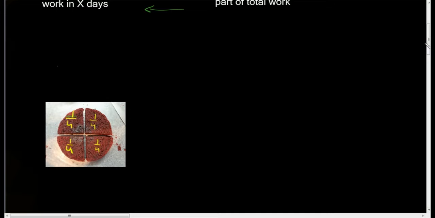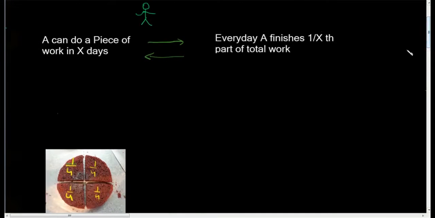here the value of X is 4, and he decided that he can do this task, the eating of the cupcake, in 4 days. So this implies that he finishes 1/4 of the total work.